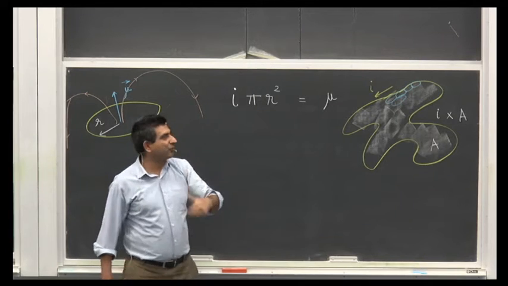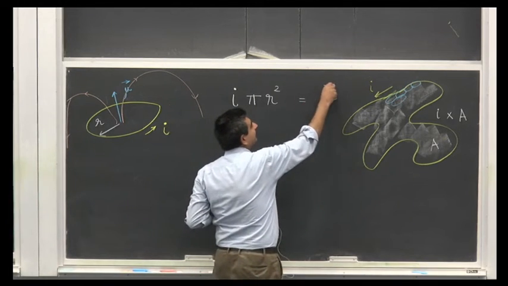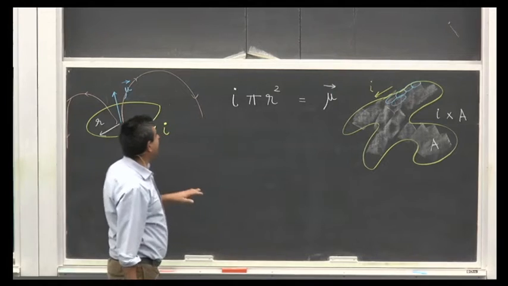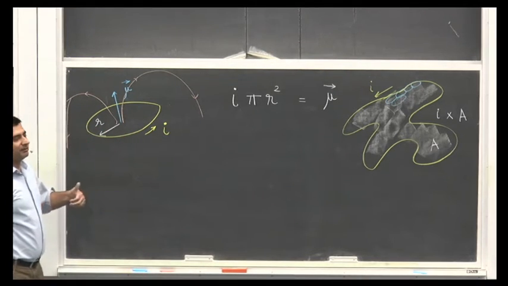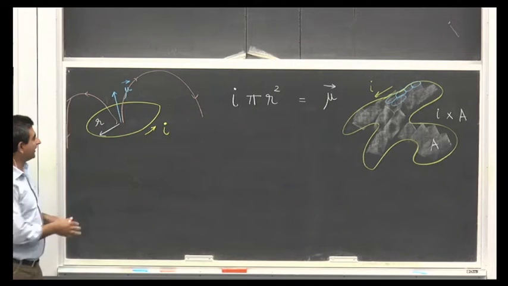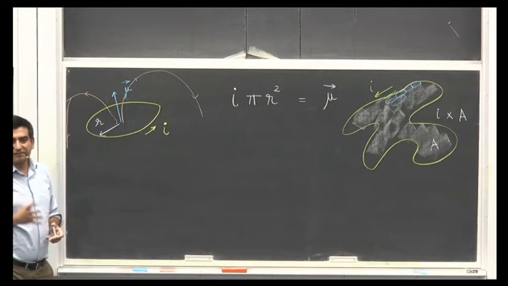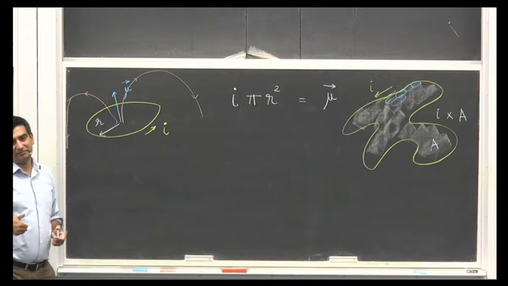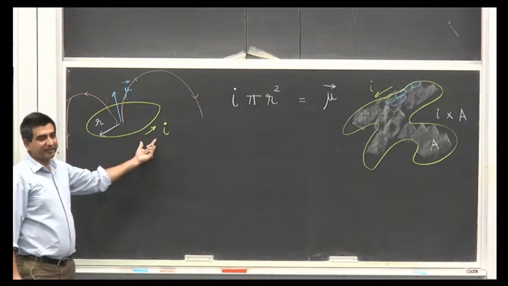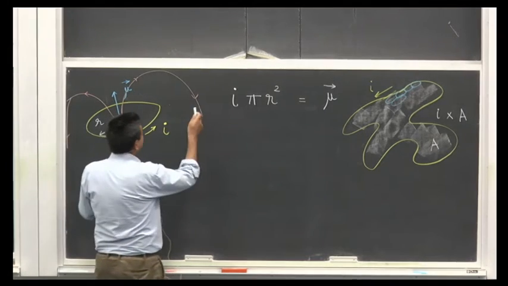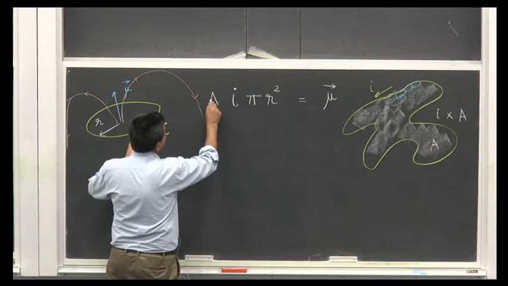So for this magnetic moment, if I put a vector here, I need to specify the direction of my thumb, which points when I curl my fingers in the direction of the current. So I have to specify some unit vector in the direction which is determined by the direction of the current. Let's call this A hat.